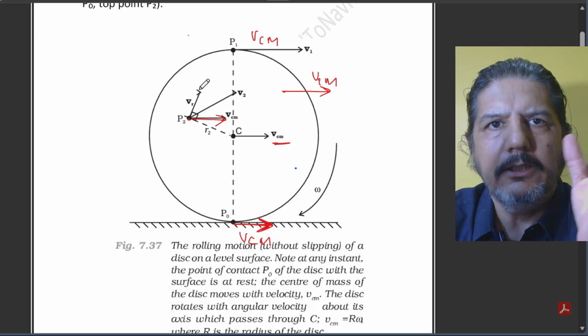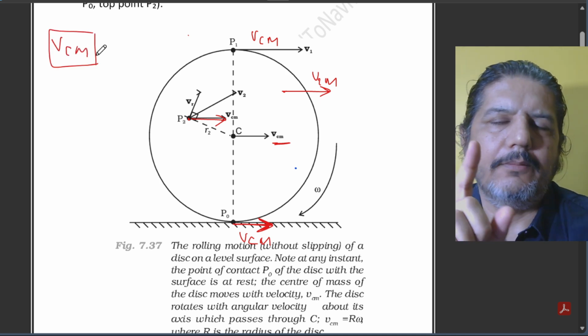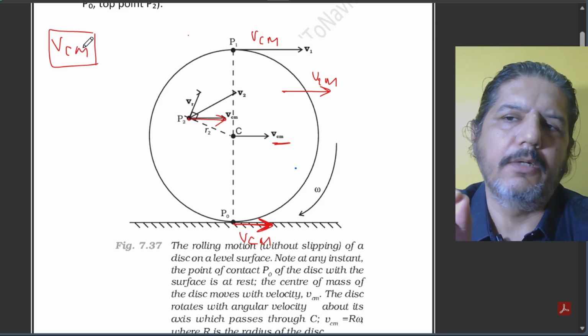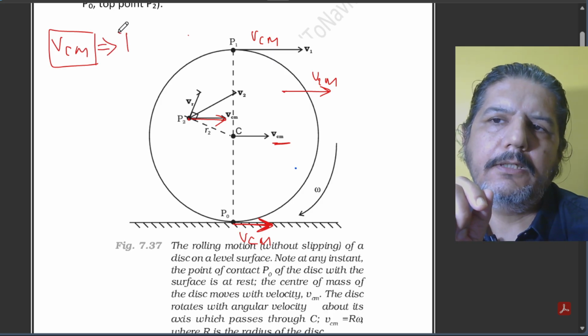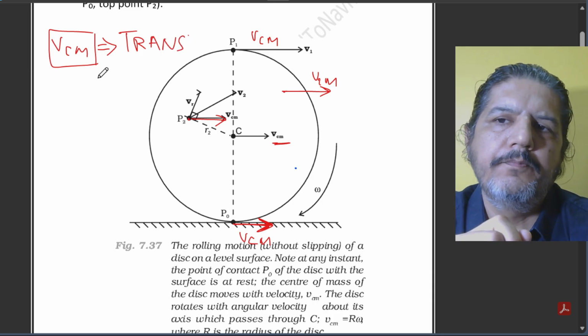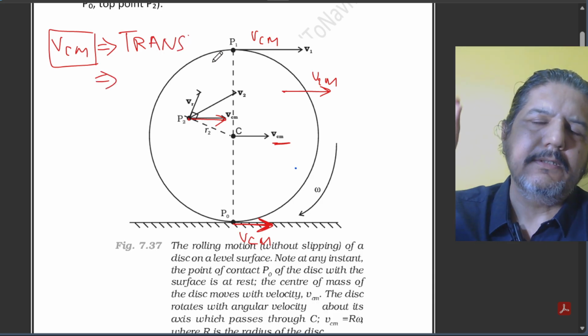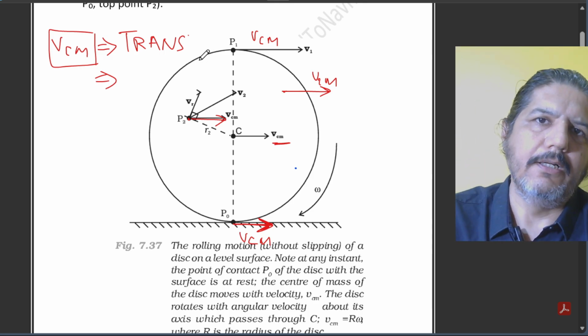So the translational VCM, the velocity of the center of mass in our rolling motion, is the translational part. It is always the same at any point of the rolling wheel.